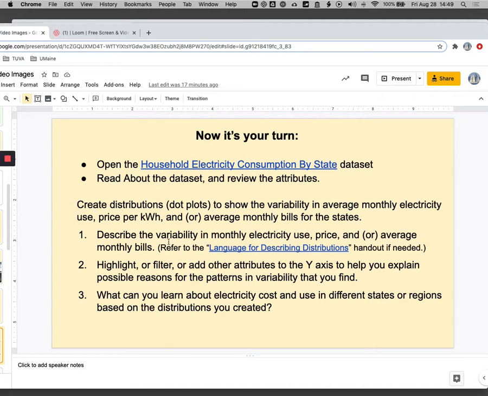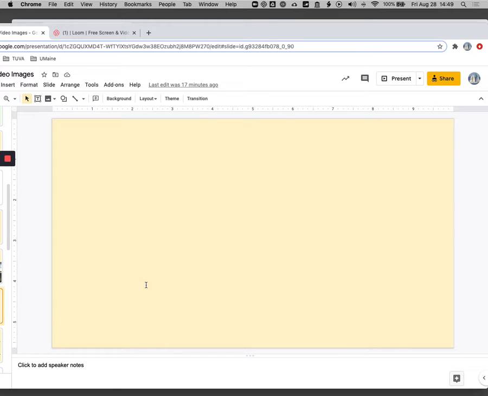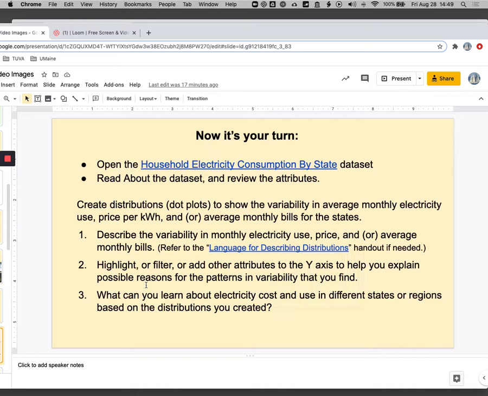Describe the variability, highlight or filter or add other attributes to the y-axis to help you explain possible reasons for the patterns you see. And what can you learn about electricity cost and use in different states or regions based on the distributions that you've created? Have fun exploring the data.